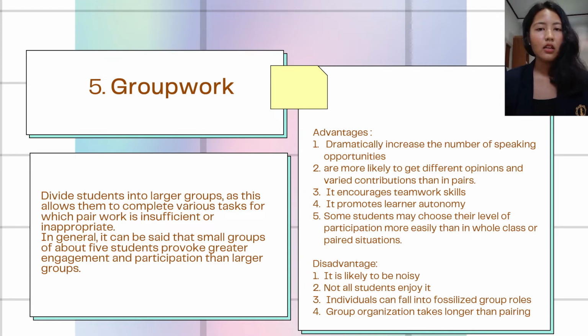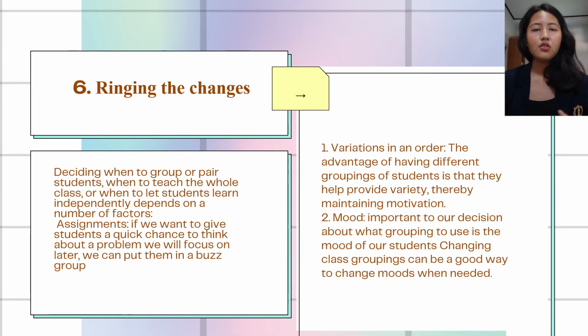Beginning and ending group work activities, especially where people move around, can take time and be chaotic. Deciding when to group or pair students, when to teach a whole class, or when to let individual students learn independently depends on a number of factors.